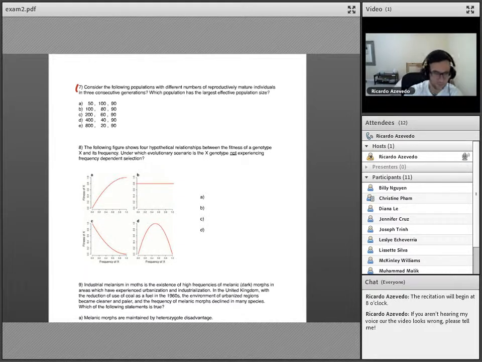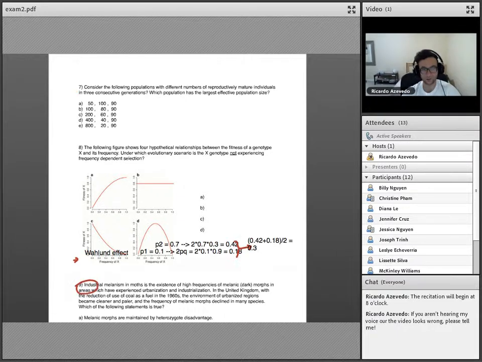So we ended up using something called a harmonic mean, which in this case would mean that the effective population size would be the number of generations denoted by t divided by 1 over n1 plus until 1 over nt, where n1 is the population size in the first generation.